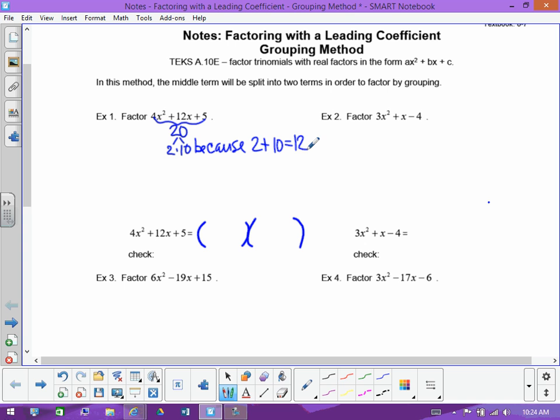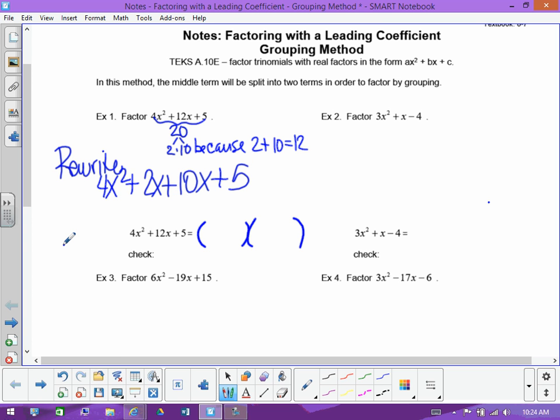This is an important part. Step number 3. Rewrite. We're going to keep 4x squared. We're going to write 2x plus 10x plus 5. Because 2x plus 10x is 12x, right?